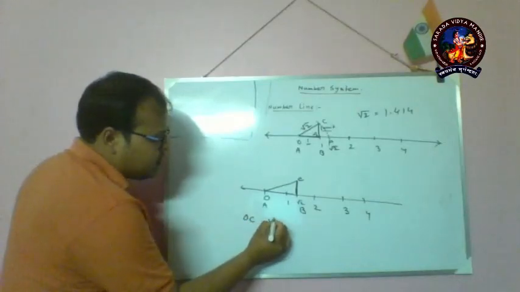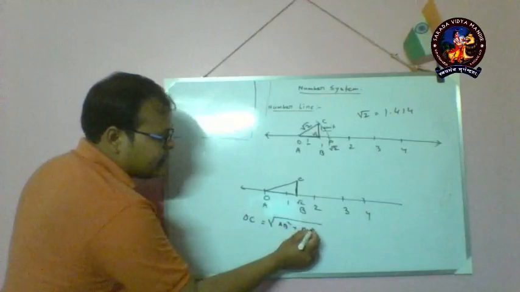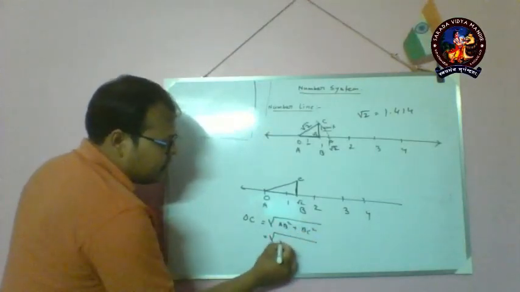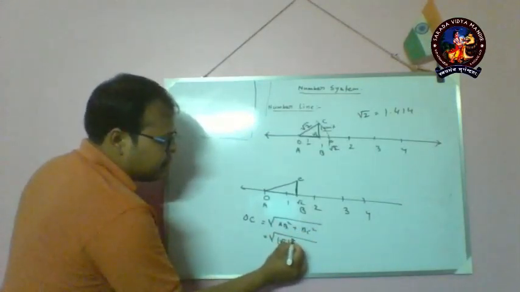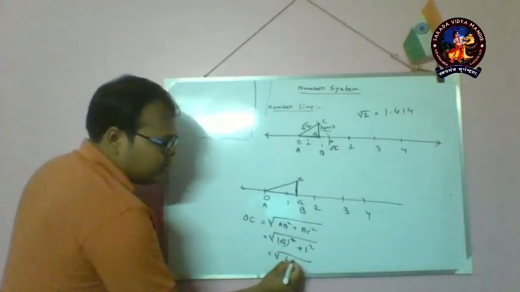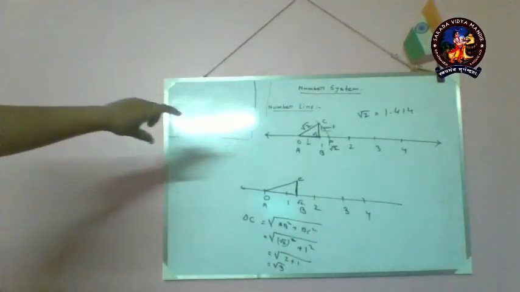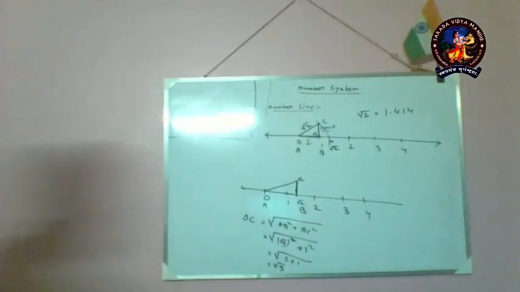It is root over AB square plus BC square, which is nothing but root over root 2 square plus 1 square. So it is root over 2 plus 1, root 3. So OC we have got as root 3 unit.